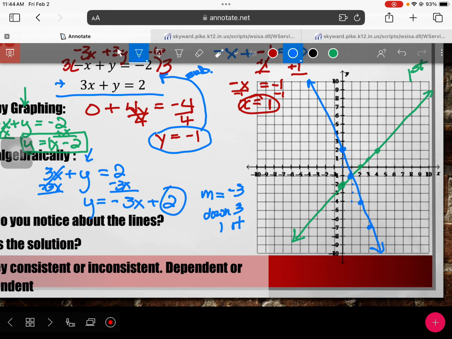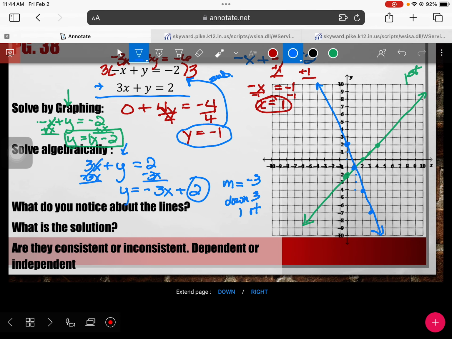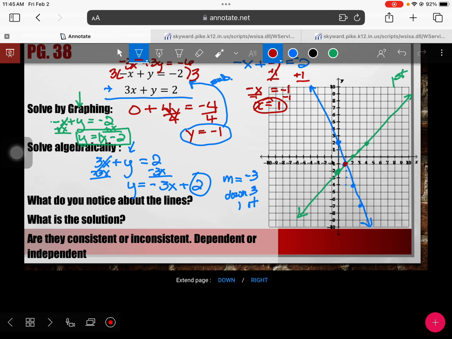And what do you notice? They are intersecting. Where are they intersecting? 1, -1. Look at our values for x and y. What were those values? 1, -1. Since this is a point, our solution is the point 1, -1.